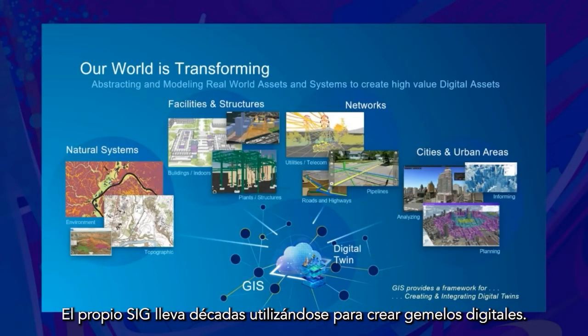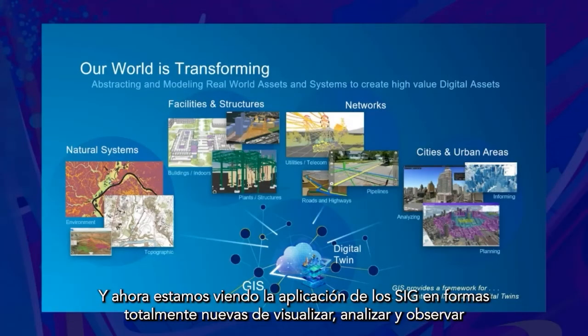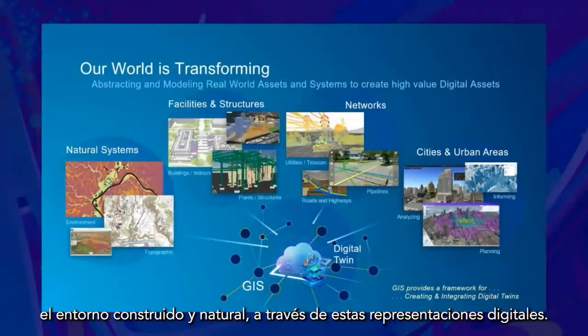And GIS itself has been used to create digital twins for decades. And now we're seeing the application of GIS into whole new ways of visualizing, analyzing, and observing the built and natural environment through these digital representations.